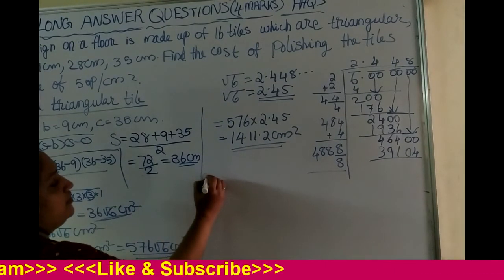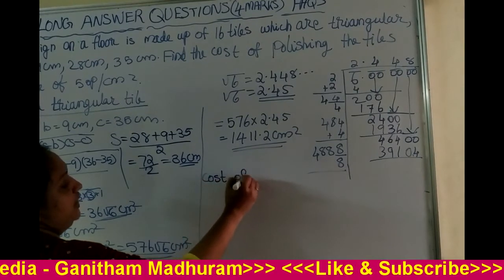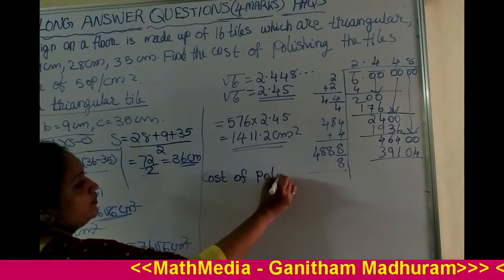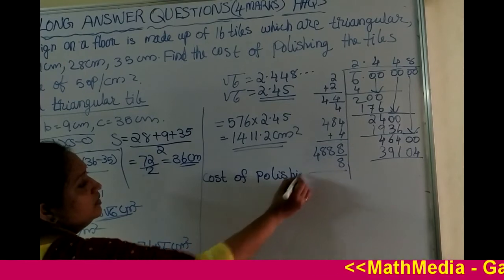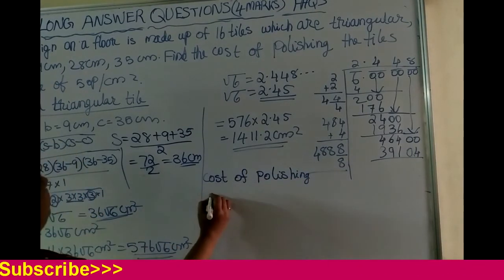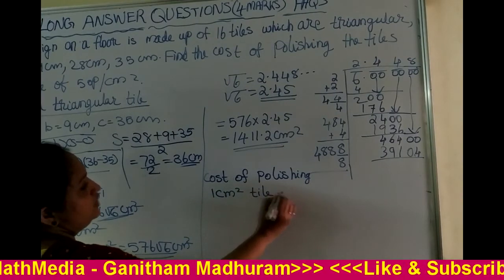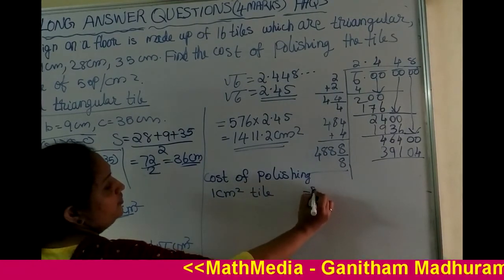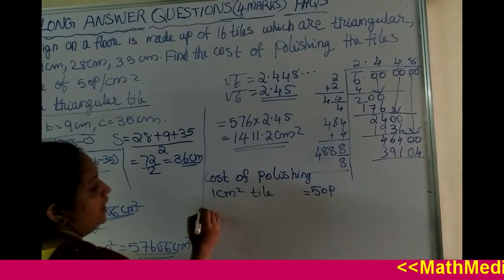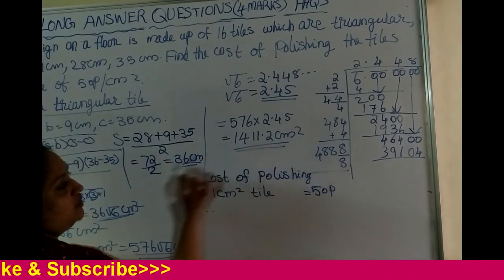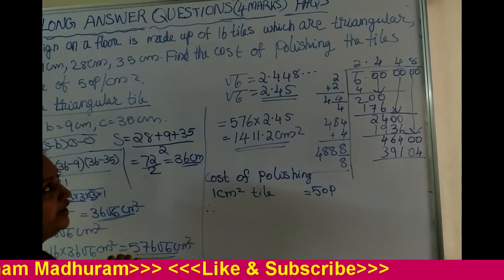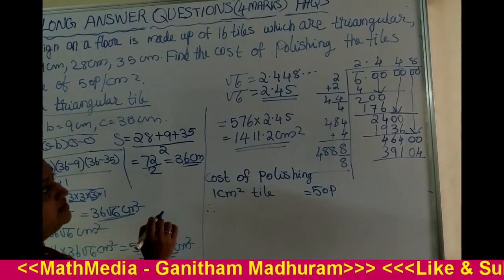Now we have to find the cost of polishing the tiles. Here it is given the cost of polishing 1 centimeter square tile equal to 50 paise. We have total 1411.2 centimeter square.